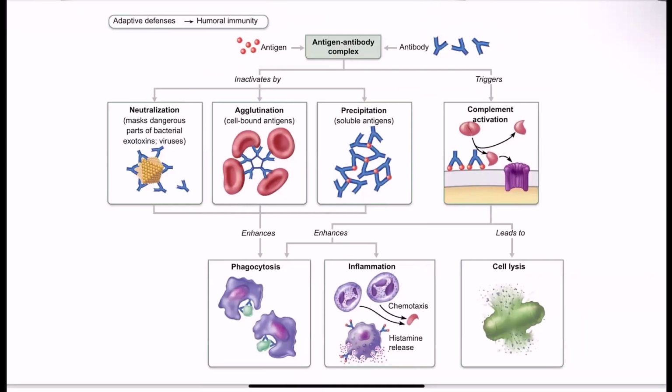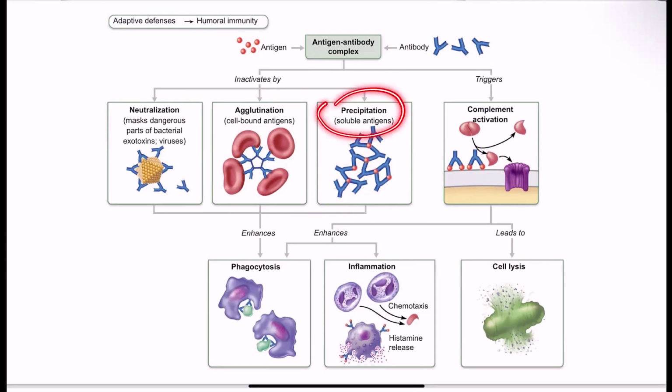Here's a nice little summary of all the things that humoral immunity does, and this is a great time to remind you about how antibodies work. Antibodies bind the antigen, and they can cause something like agglutination, like clumping up on that cell surface. And we saw these reactions when we did blood typing. We can also neutralize using antibodies, which means antibodies can block the sites where a bacterium or a virus would bind.